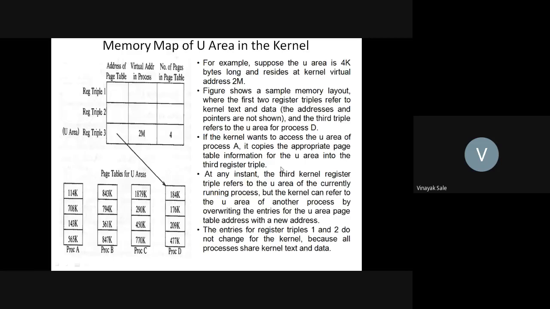At any instant, the third kernel register triple refers to the user area of the currently running process, but the kernel can refer to the user area of another process by overwriting the entries for the user area page table address with the new address. The entries for register triple one and triple two do not change for the kernel because all processes share kernel text and data. There is a change only in the stack, that is, the user area.